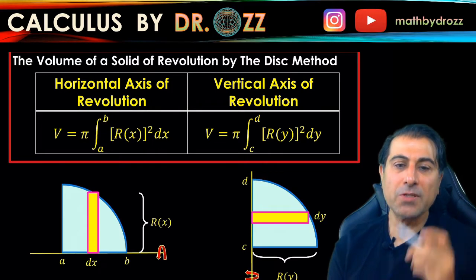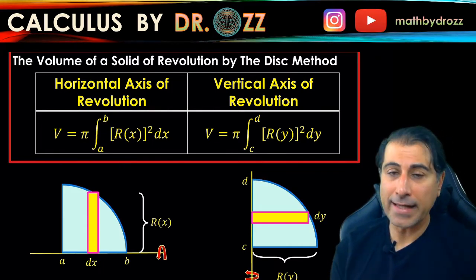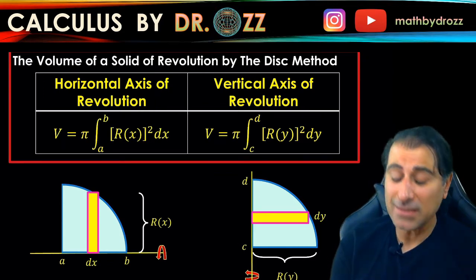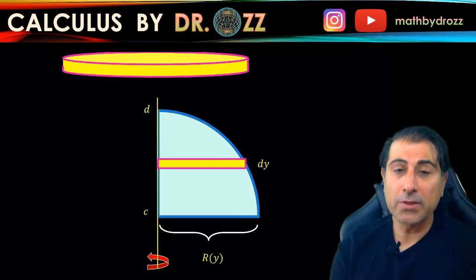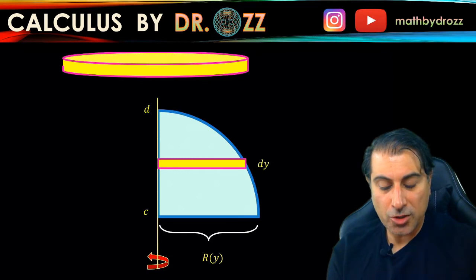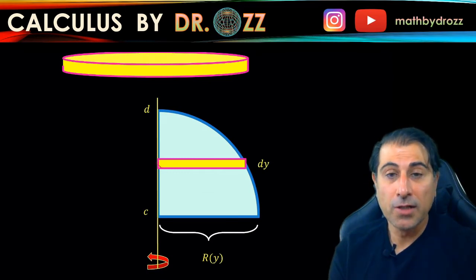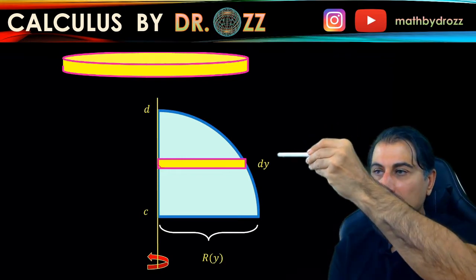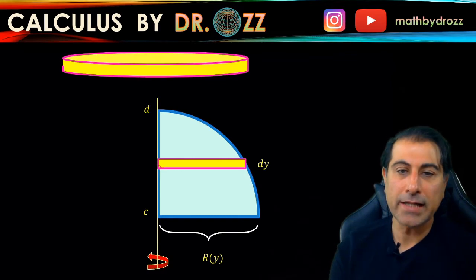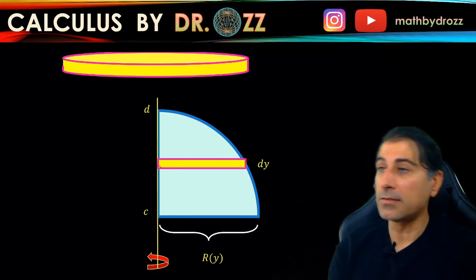So what if we revolve around a vertical axis, not a horizontal x-axis type axis, but a vertical axis, maybe the y-axis? Well, then we're going to have a representative rectangle which is perpendicular to the axis you're trying to revolve around. As you see, this rectangle is perpendicular to the y-axis, and then you revolve it around the axis of revolution, and you get a disk at the top.